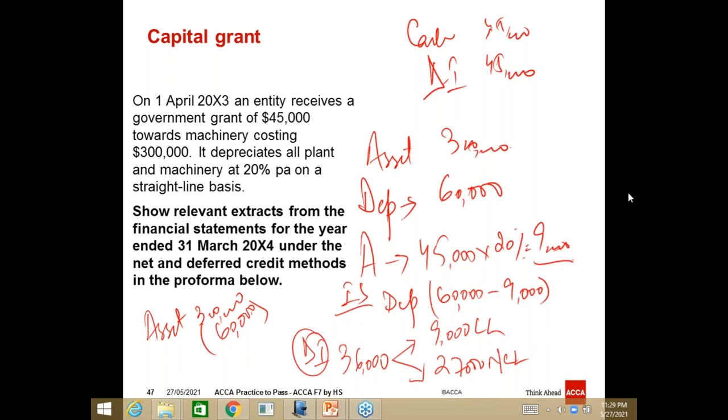The 9,000 will be shown separately in the income statement, or we can adjust this figure in the related depreciation. That's totally fine. Both the treatments are correct. But if you are charging the depreciation in cost of goods sold, then the grant will also go in the cost of goods sold.